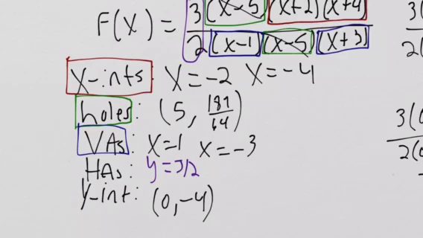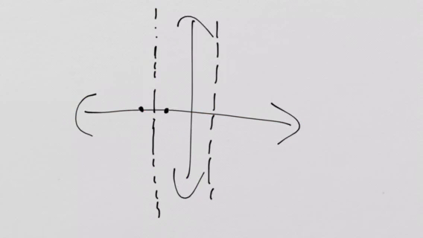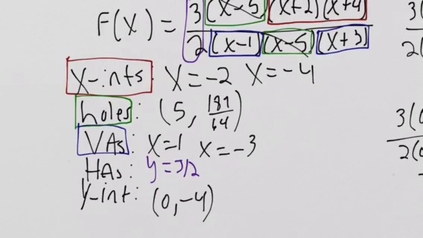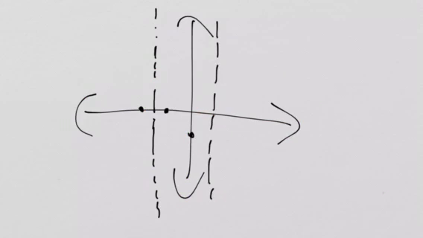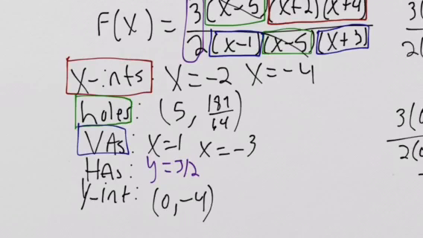All right, let's put in the y-intercept at 0, -4. And then what next? We haven't put in the horizontal asymptote yet at y equals 3/2. So we'll throw in a horizontal asymptote here. So then the question is, is this bigger or smaller than 3/2?